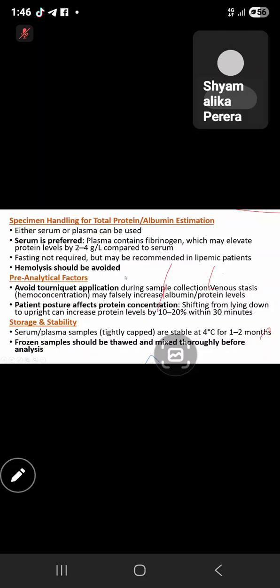When you are collecting the blood sample, as a pre-analytical precaution, you have to avoid tourniquet application. Not only that, you have to consider the patient's posture. If your patient moves from lying down to the upright position, it will increase protein by 10 to 20% within 30 minutes.